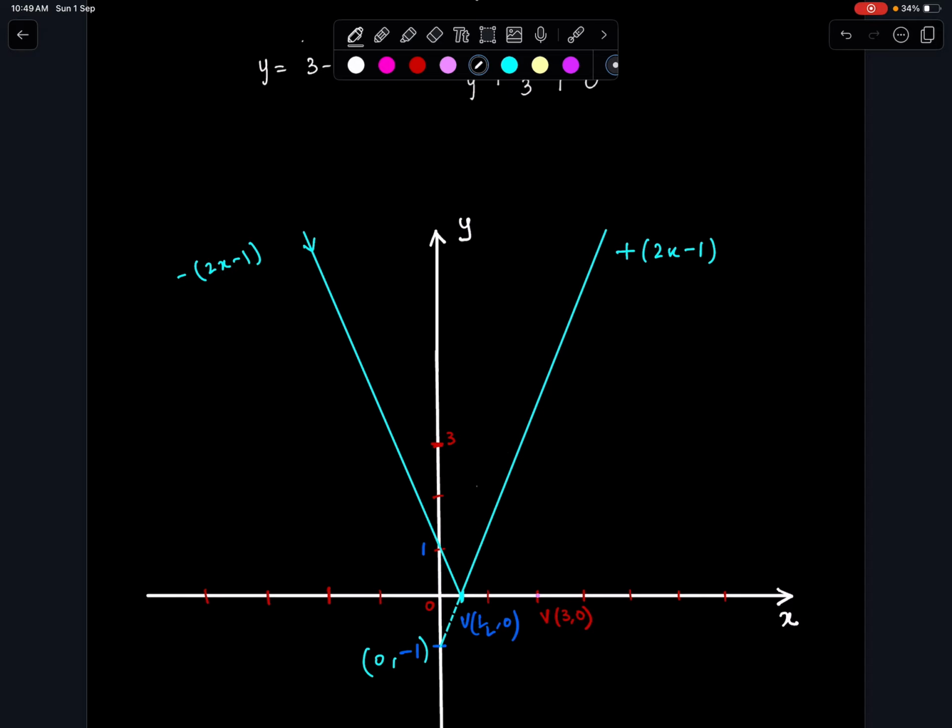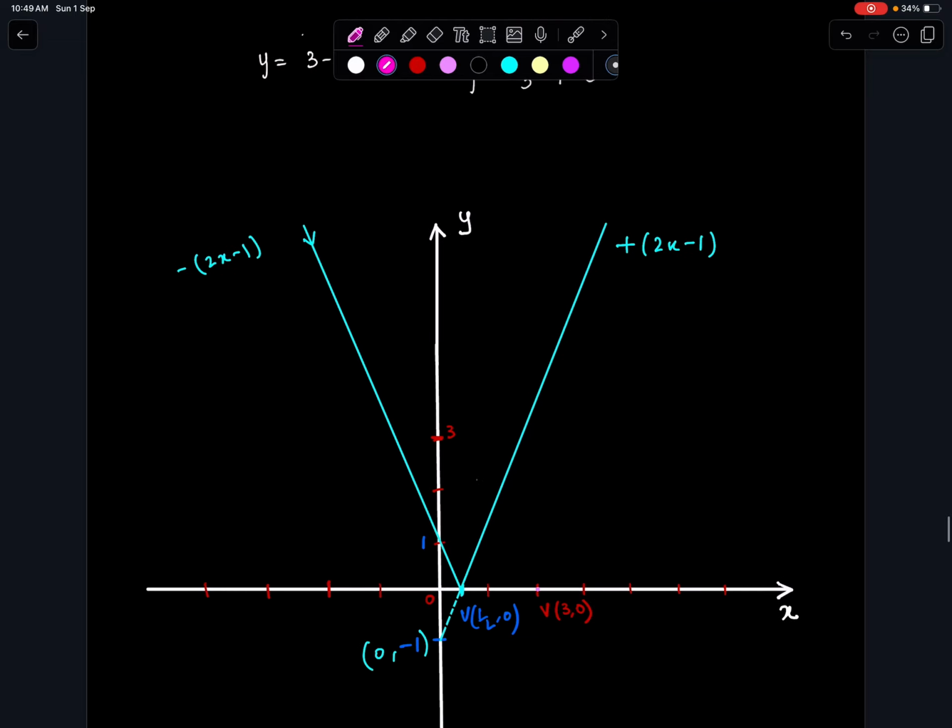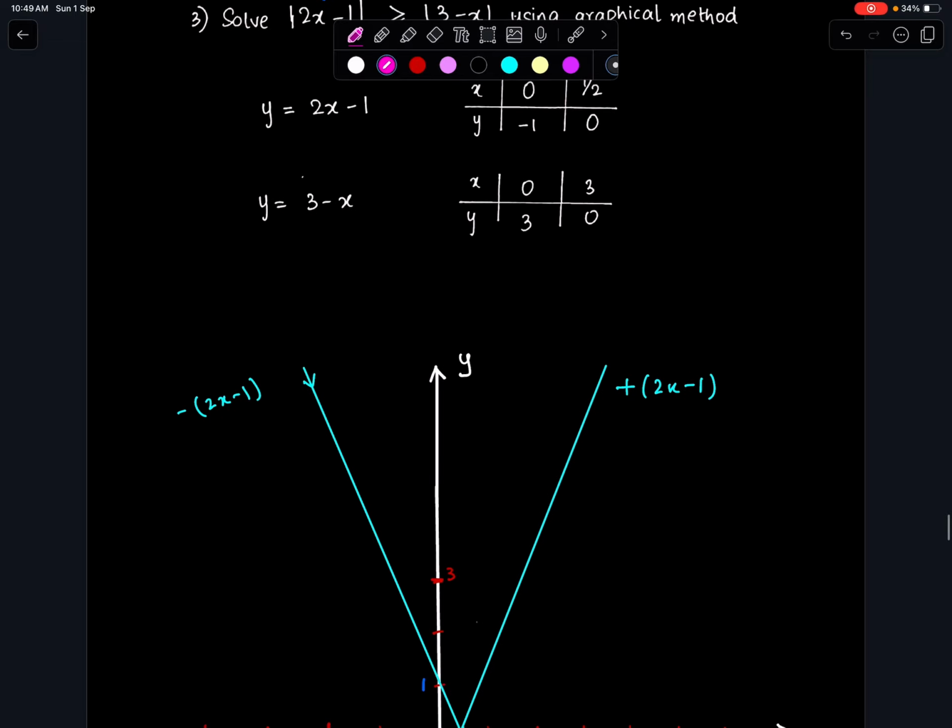Now let's sketch the second function, 3 minus x, and the points are 0, 3 and 3, 0.